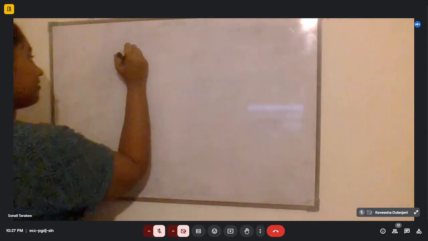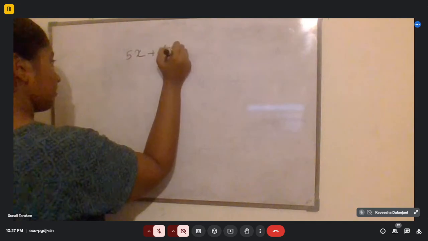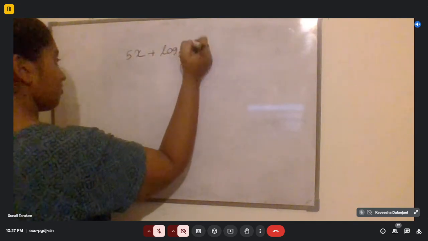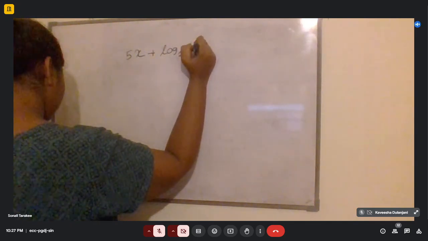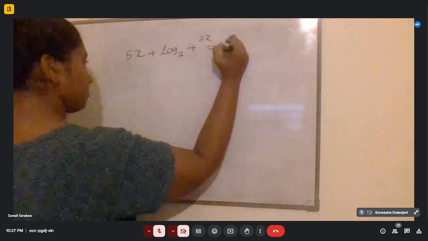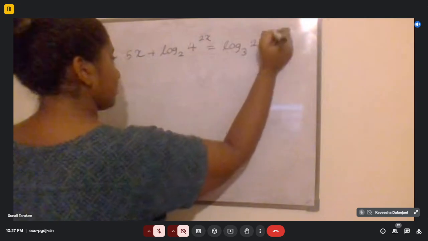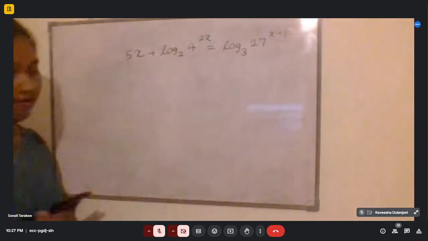Solve the following logarithm equations. You have 5x plus log 2 4 to the power 2x equals log 3 27x minus 1.